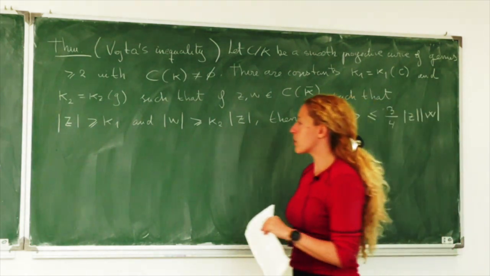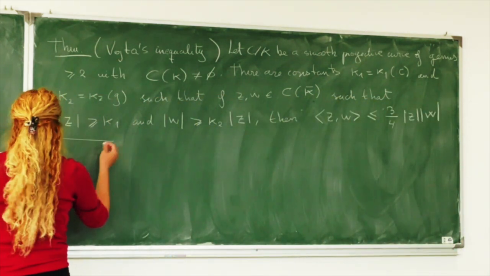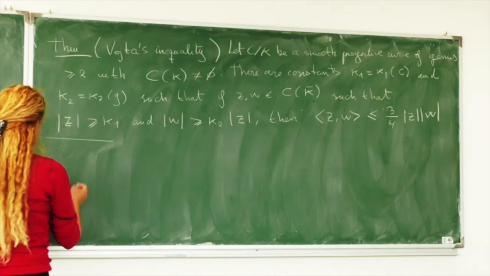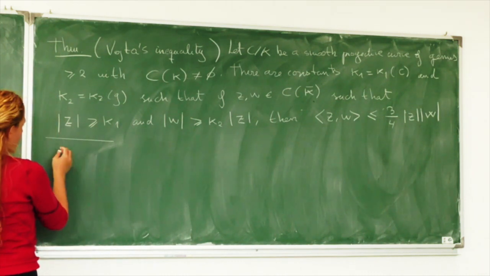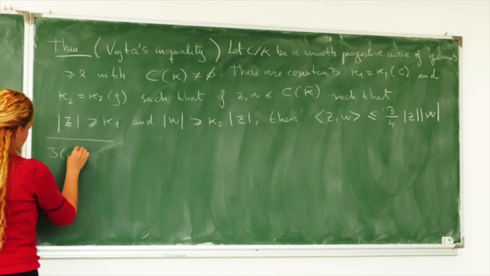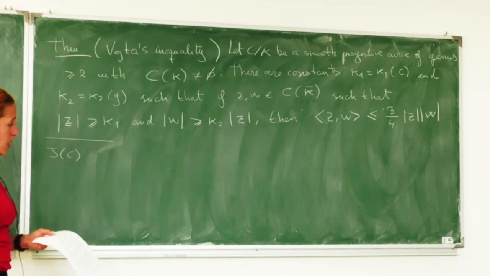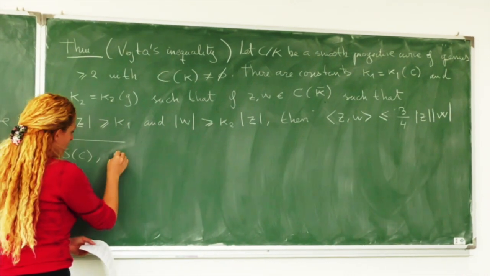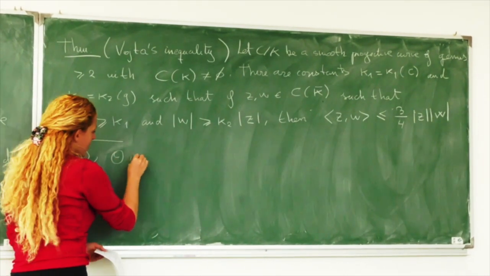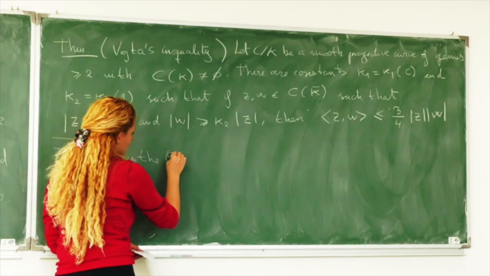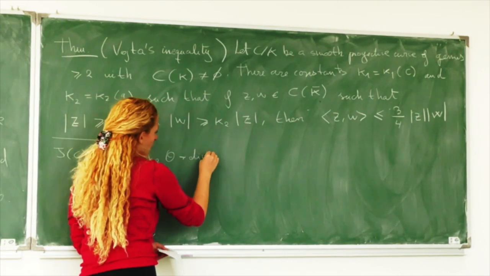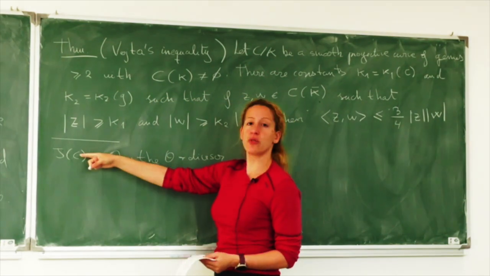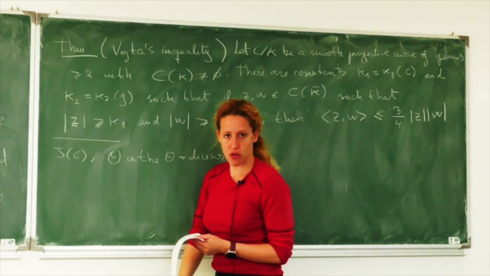Just to recall, here we have height. So what is the idea? We consider the Jacobian of the curve. This is an abelian variety. Theta is the theta divisor, the divisor associated to the curve being inside the Jacobian.